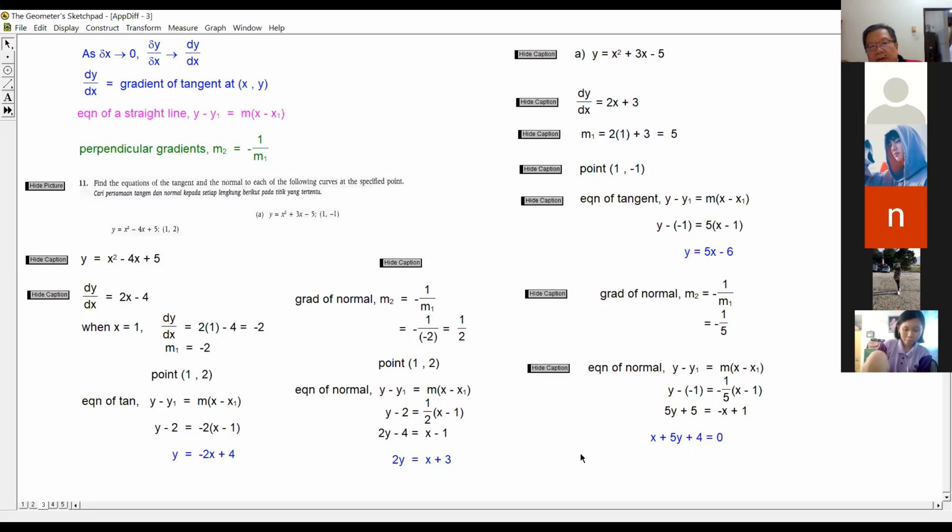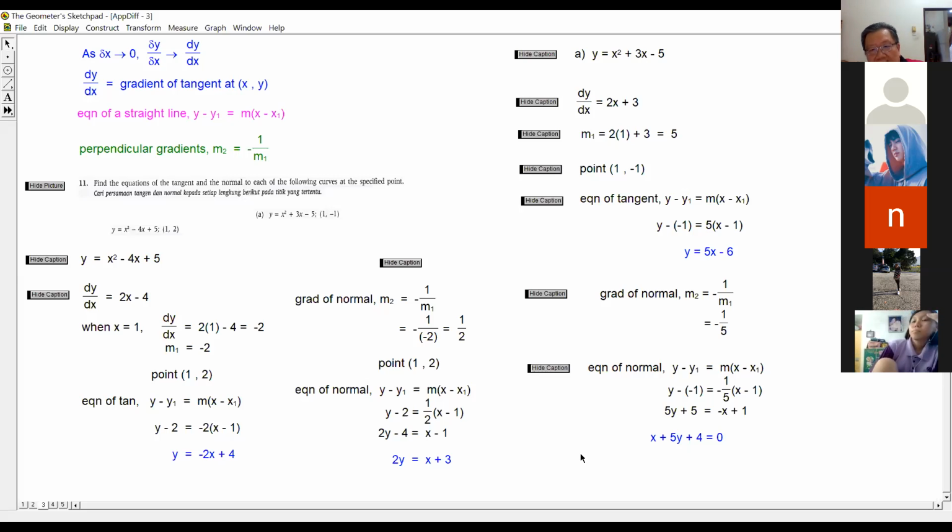Now because we are just starting, I cannot ask you to do the reverse process yet. Probably after this, then we go on to the more difficult question. They will give you parallel lines, and you can obtain the gradient from that line and equate the gradient with dy dx.